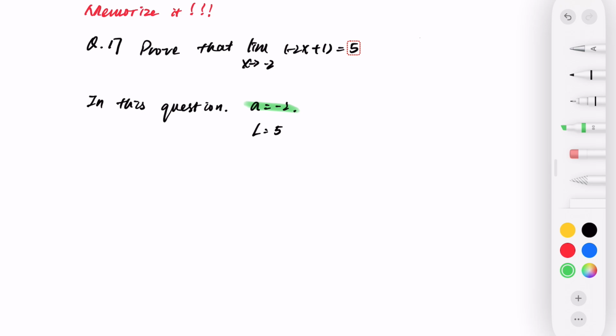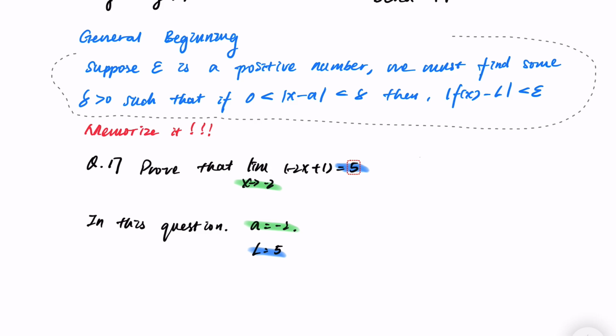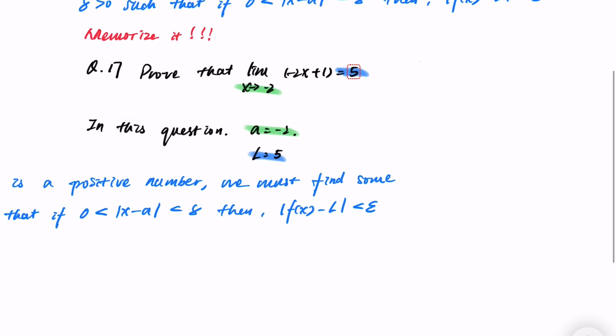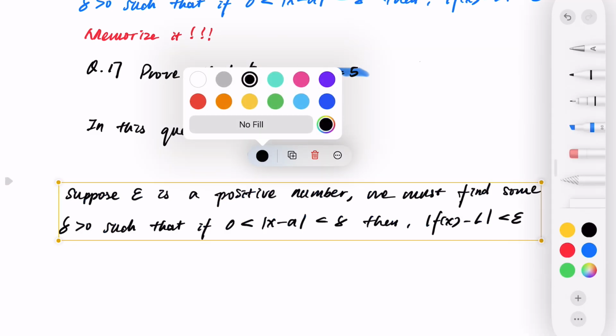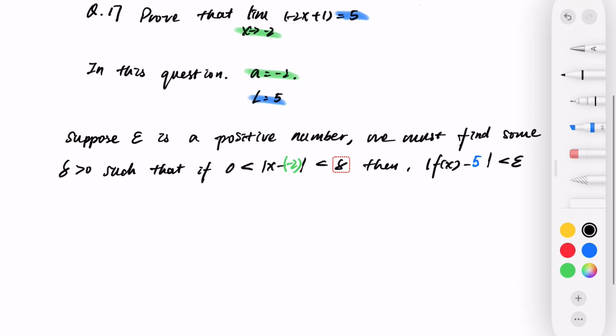So in this problem, we can transform the whole definition into: the absolute value of x minus negative 2 is less than delta, which implies that the absolute value of f of x minus 5 is less than epsilon. So f of x equals negative 2x plus 1, a equals negative 2, and L equals 5.